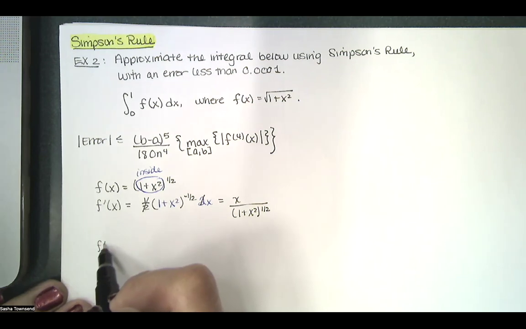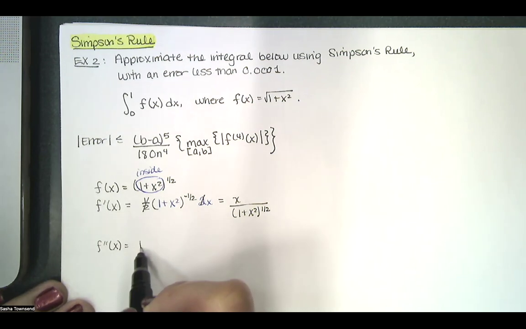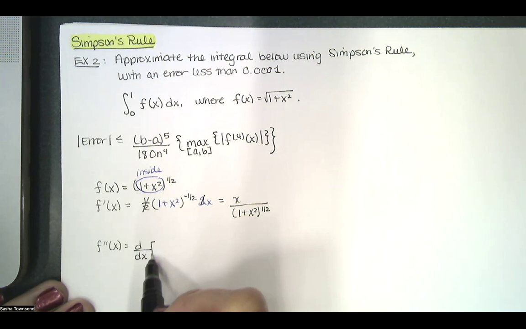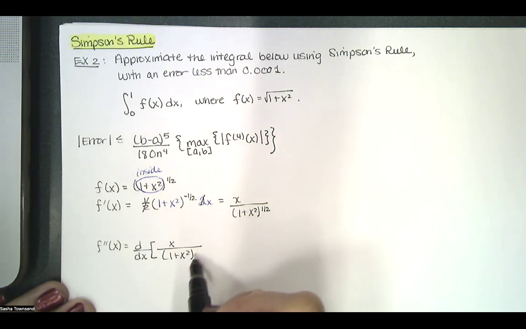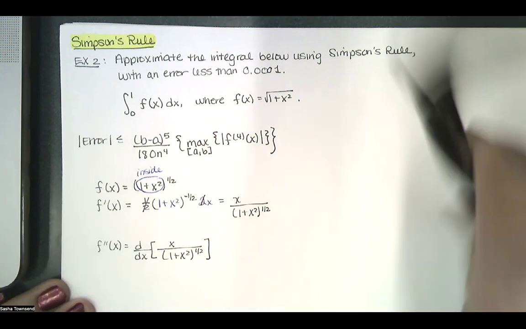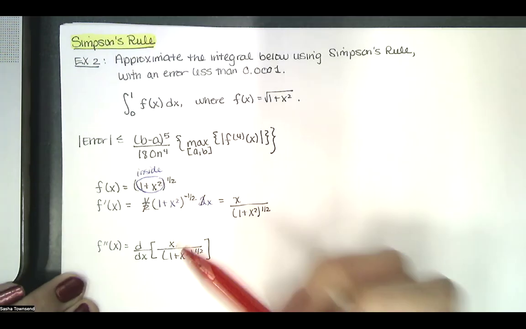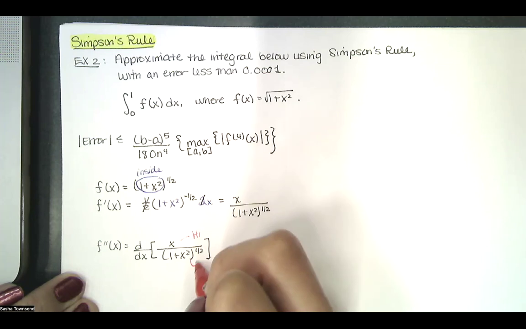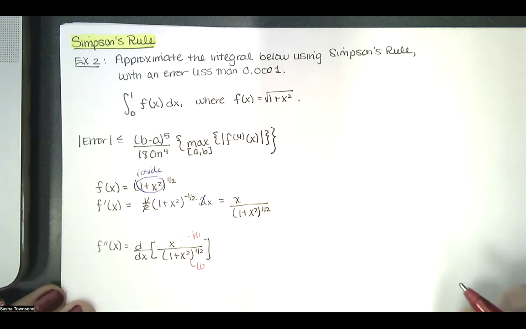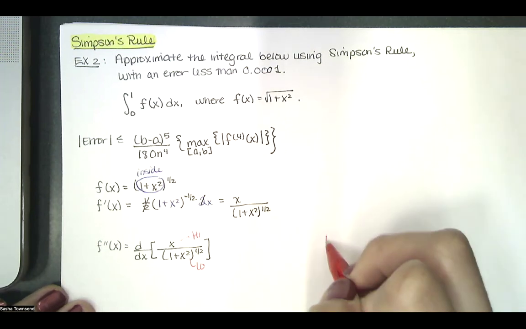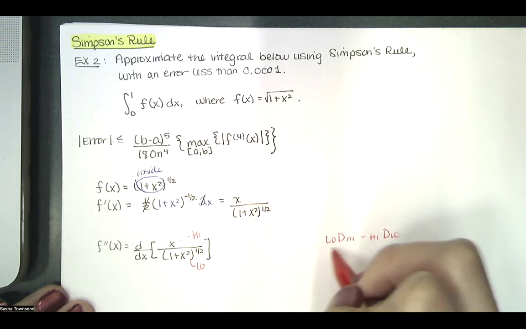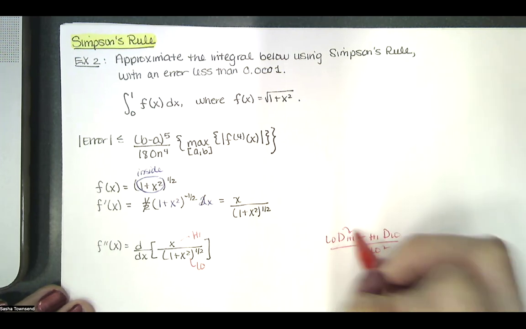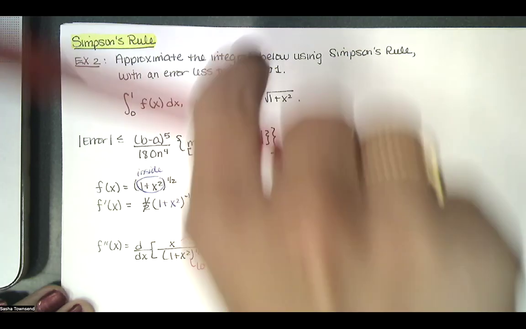Now for our second derivative, we'll have to use the quotient rule. So I'll use our little mnemonic. If we call this the high function and this the low function, the mnemonic for the derivative of a quotient is low d high minus high d low over low low. And that d is an operator, it applies to what's in front of it.